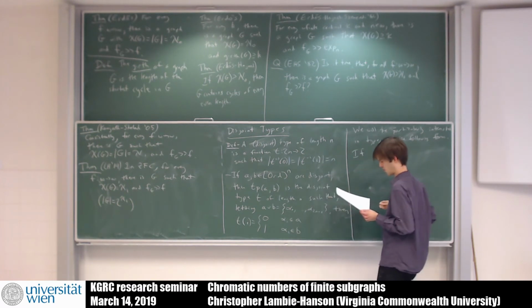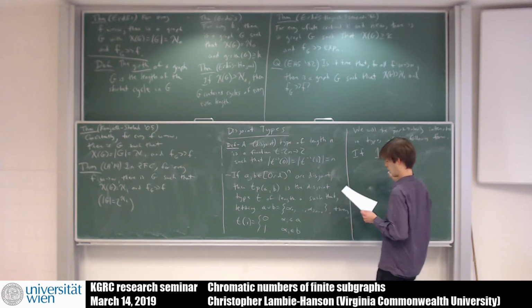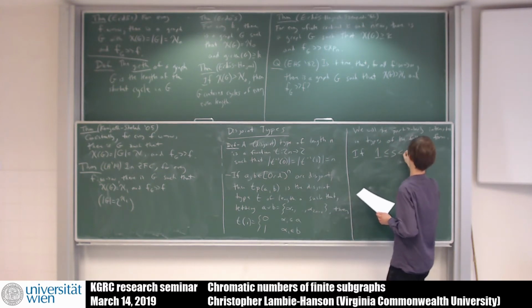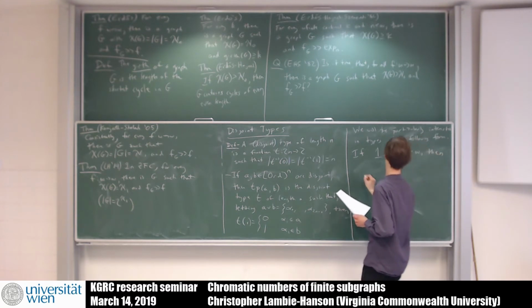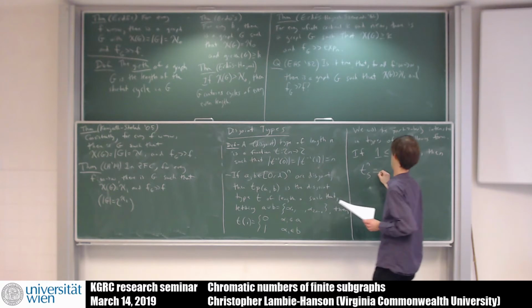If we have two natural numbers s and n, where they're both at least 1, and s is strictly less than n, then call it T n s.